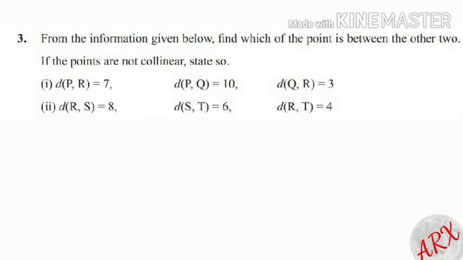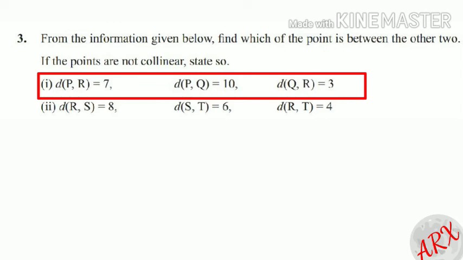Question number 3. From the information given below, find which of the points is between the other two. If the points are not collinear, state so. Question number 1. Distance PR equal to 7. Distance PQ equal to 10. Distance QR equal to 3.